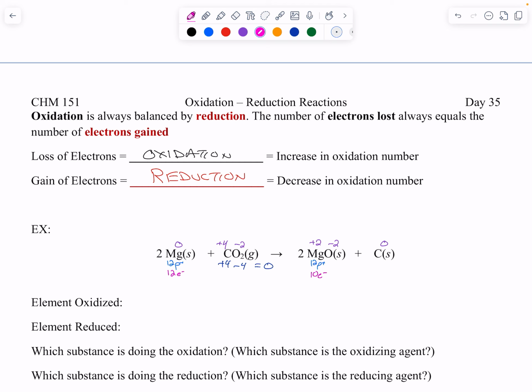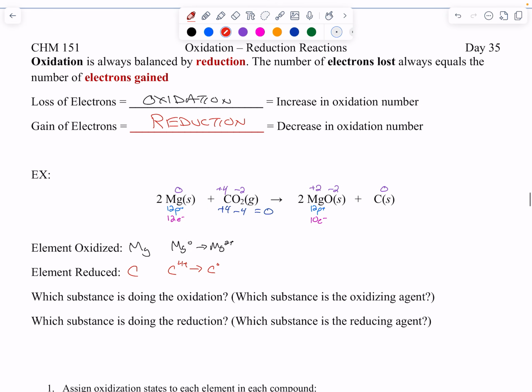So oxidized, right, would be Mg. It goes from Mg0 to Mg2+. Reduced. Well, I go from carbon in carbon dioxide at +4 to carbon by itself. So reduced looks like it's carbon. C4+ going to C0.